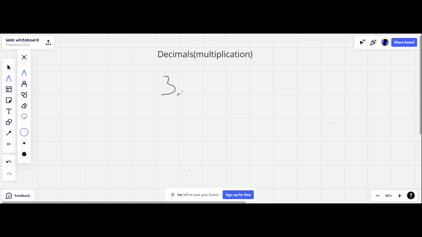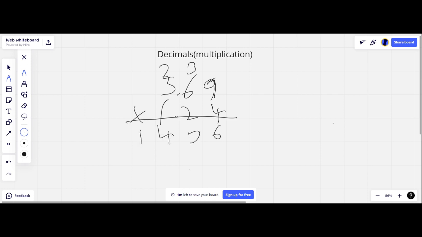Let's do 3.69 times 1.24. Okay, same as always, ignore the decimal point and then do a normal multiplication. So let's continue.